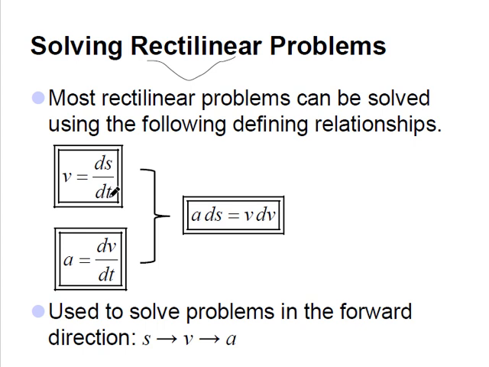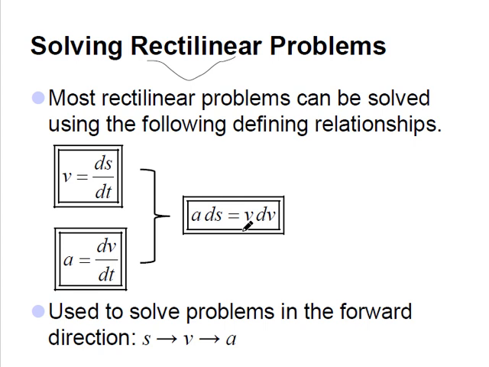That tells us how position changes over time. The second one is your acceleration, the rate of change of your velocity, dv divided by dt. It tells you how velocity changes over time.